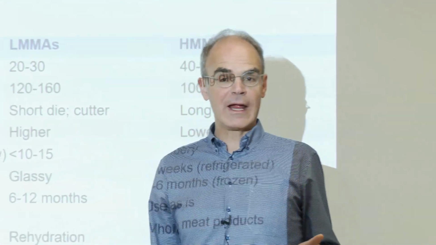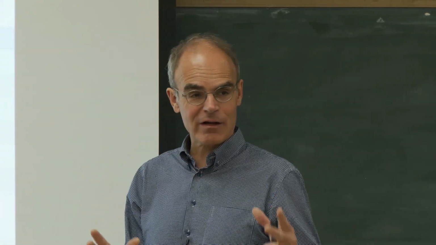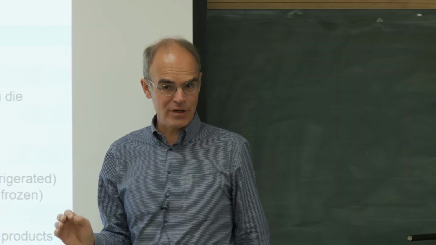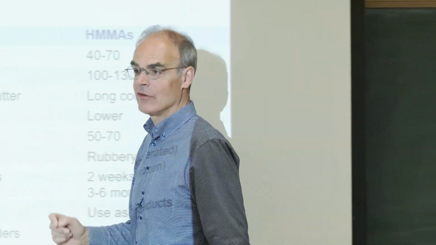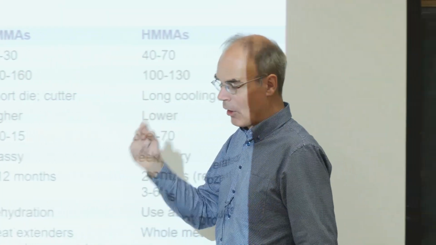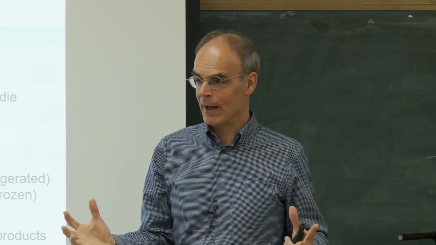So if you can get by using TVPs in your product as an ingredient rather than high moisture extrudates, it's way cheaper. It's one of the reasons that in these hamburger patties we still use TVPs. The whole economics works out way better.